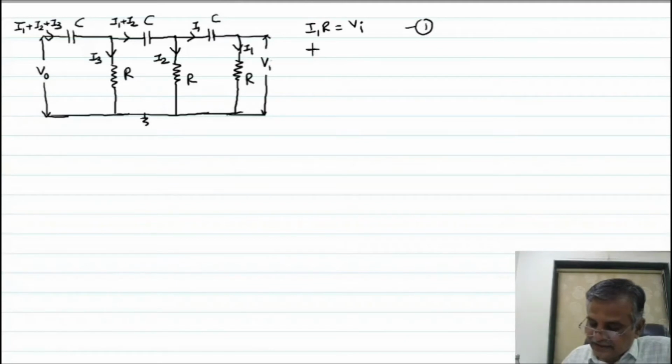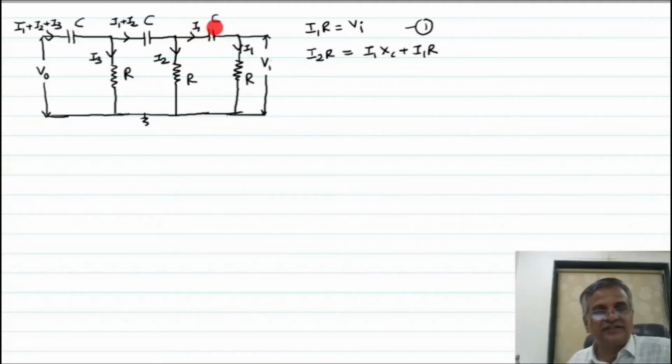Second, I can write I2 into R is equal to I1 into Xc plus I1 into R. Look here, this voltage is equal to this voltage plus this voltage.